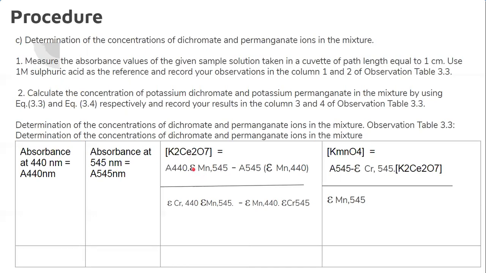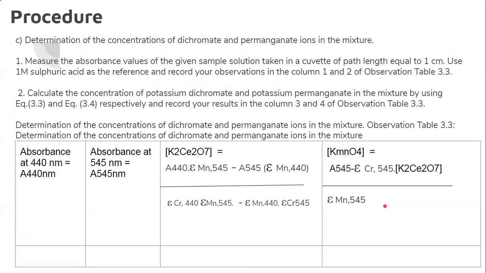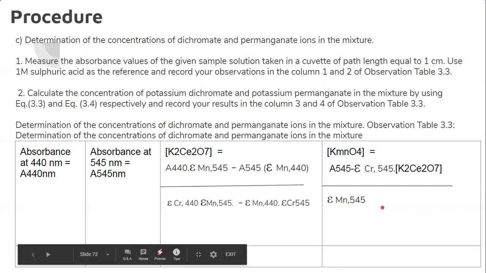So epsilon, these are the constant values. These epsilon values we already found in step 1: epsilon manganese at 545, epsilon manganese at 440, epsilon chromium at 545, and epsilon chromium at 440. So these are already obtained from step 1.